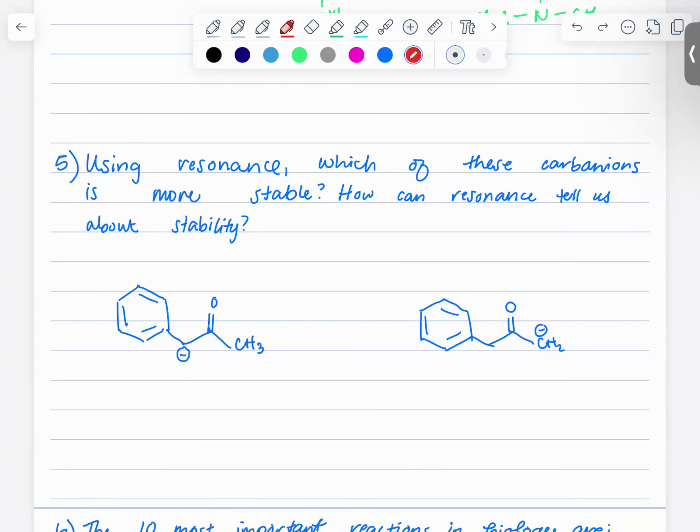So, looking at these two, which of the carbon ions is more stable? Why do you say that?